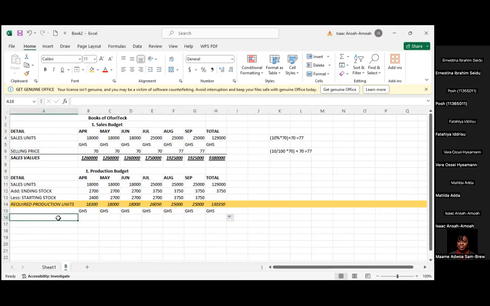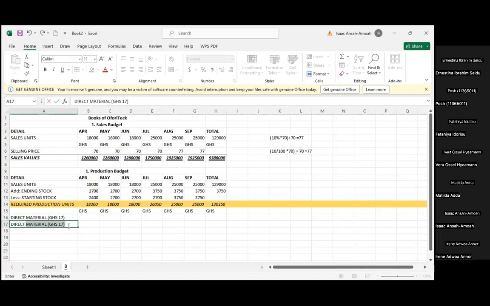We incurred cost on material. So we're going to bring it here. So direct material cost. How much is that direct material cost per unit? Is it 17 or 15? Yeah, 17. We also incurred cost on labor, so direct labor cost. 21 cedis.